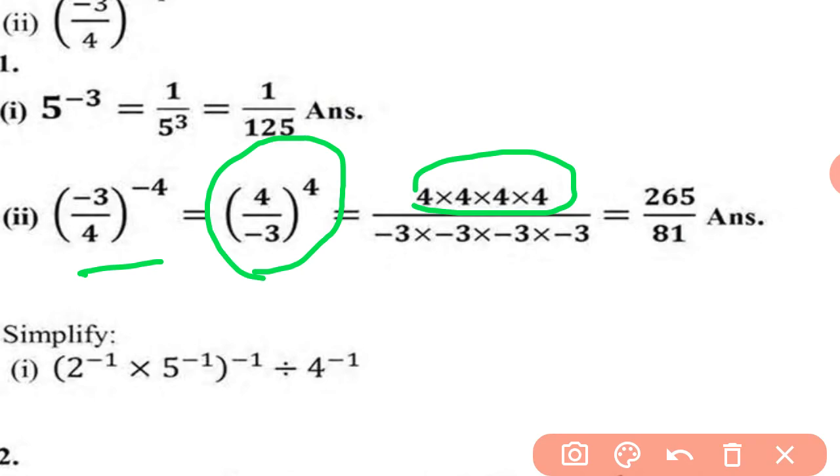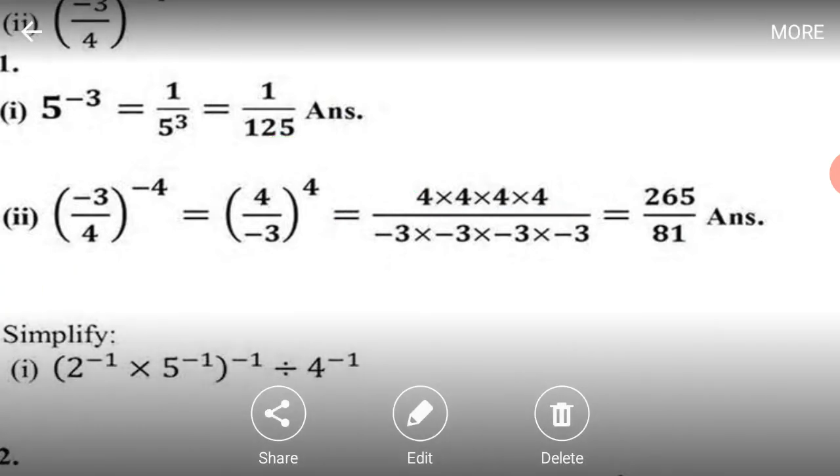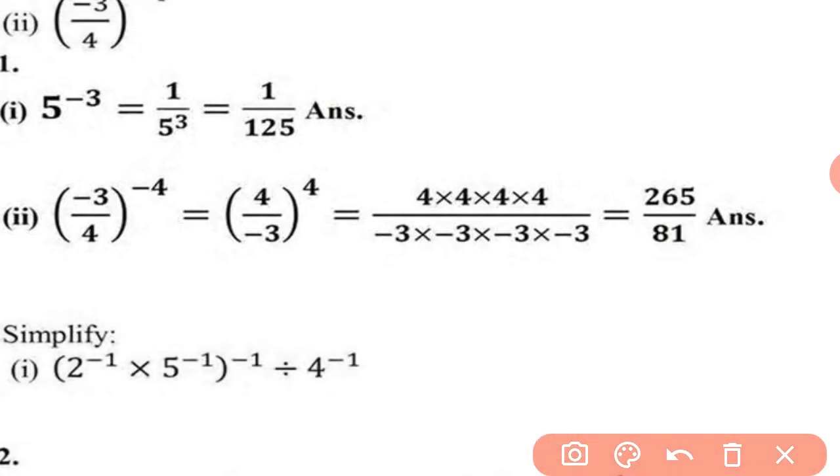So in this way we can solve. When you solve 4×4×4×4, it will be 256. Now it will become 256/81. This will be the answer.